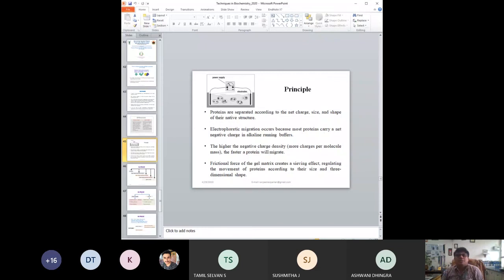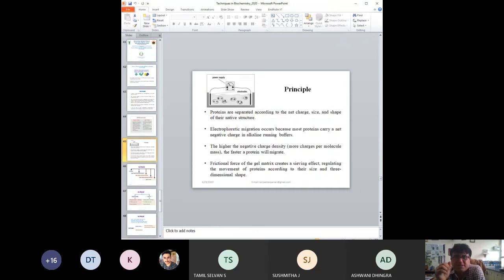So coming to the basic principle of native PAGE, as I already explained the electrophoresis basic principle, then the SDS-PAGE basic principle, it's not difficult to presume what is the basic principle behind native PAGE. Here proteins are separated according to net charge, size, and shape of their native structure. Electrophoretic migration occurs because most proteins carry a net negative charge in alkaline running buffers.